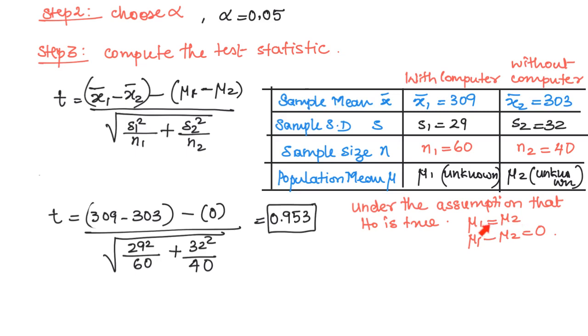If you subtract mu2 from both sides, mu1 minus mu2 will be equal to 0. Another way to think is if the means are the same, that means their difference will be 0. So that's why this whole thing is 0. And substitute the sample standard deviation and the sample size to calculate the test statistic and round your answer to 3 decimal places.